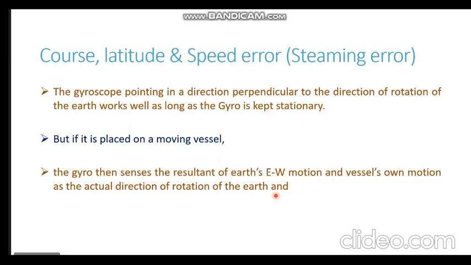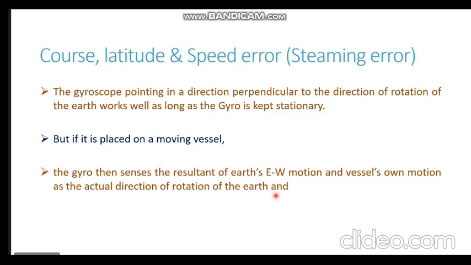So what happens now is, see, the gyro doesn't know where it is placed. Gyro doesn't know whether it is stationary or whether it is placed on a moving ship. The function of the gyro is to point in a direction perpendicular to where it is being taken in space. Till the time the gyro was stationary, Earth was taking it in exactly easterly direction and it was pointing at right angles to it, which happens to be the northerly direction.